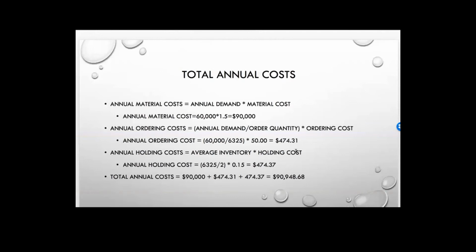So our inventory will go from 6,325 to 0, depleting at a constant rate. The average is always going to be right in the middle, which is 6,325 divided by 2. Does this make sense?